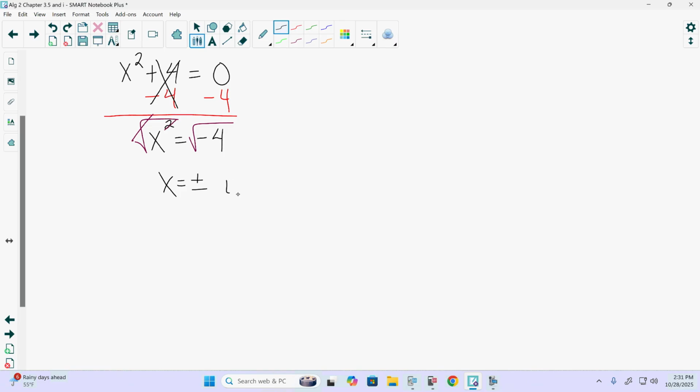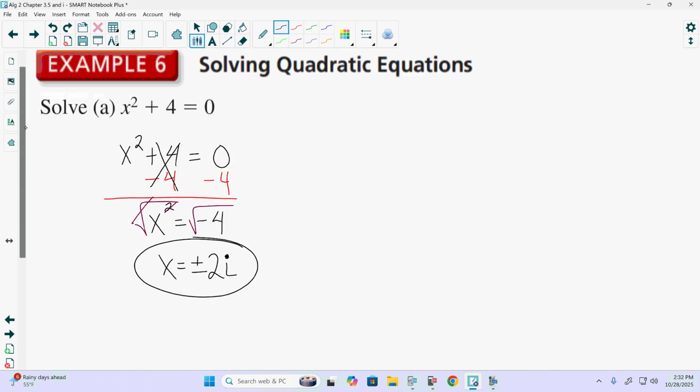Now, we know for certain i is going to come out. Since we have the negative inside the radical, that negative comes out as i, and the square root of 4 is 2. Then we'd have to solve for x. But is x by itself? So x is equal to plus or minus 2i. And that's it.